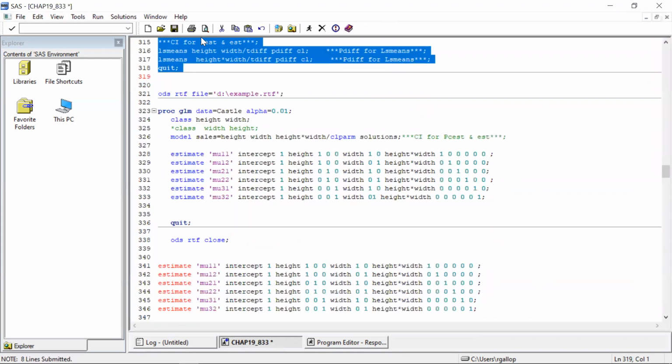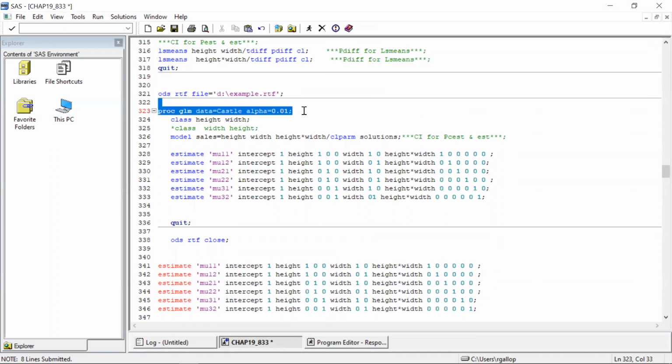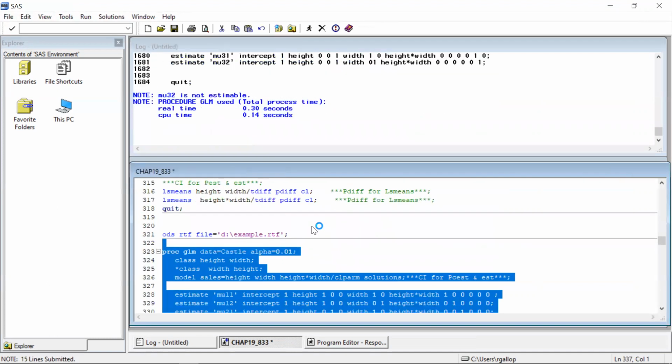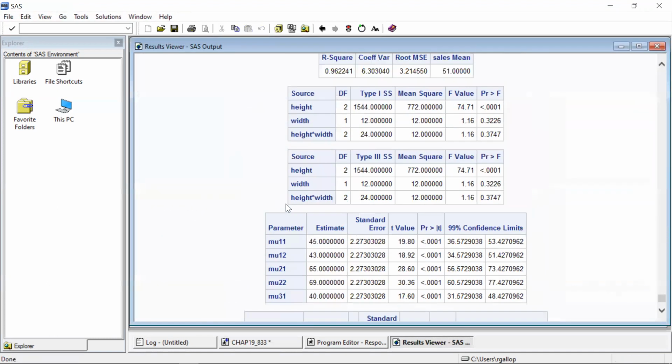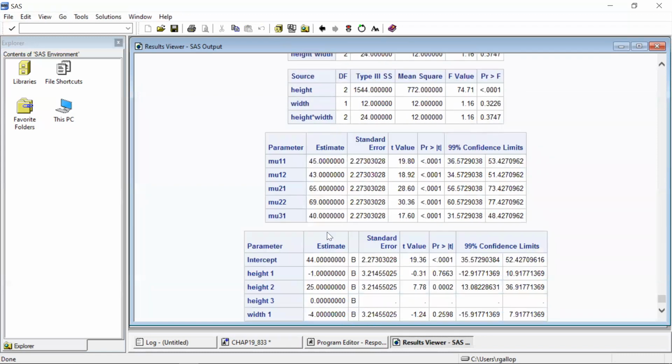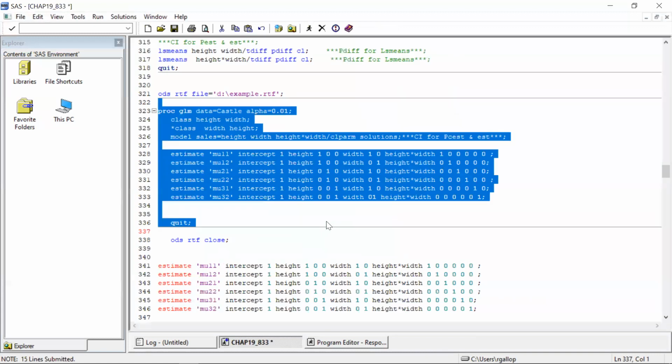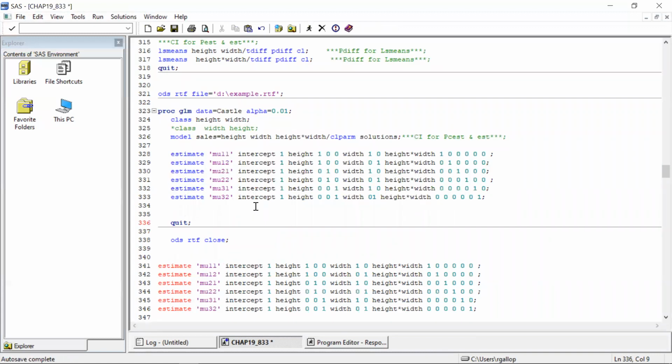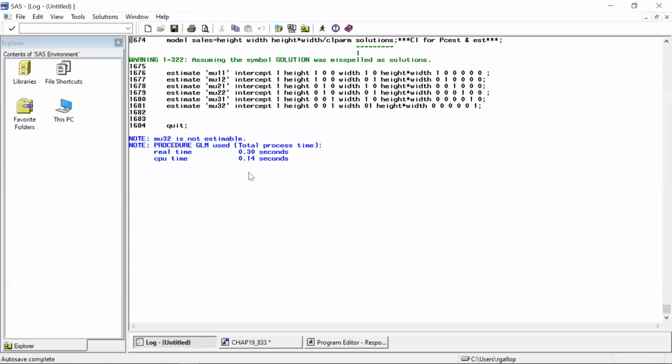So if we go to our estimate statements and see if we get the same thing as we start going here. So with the estimate statements right here, we got 45, 43, 65, 69, 40, up. Something went on with mu 3, 2. So up, that didn't pop out. Let's see if the log said anything to us. So the log said mu 3, 2 is not estimable. That means something's wrong with the statement.